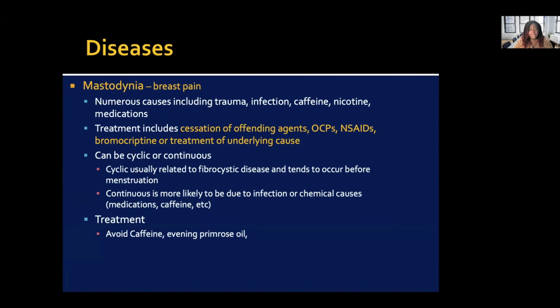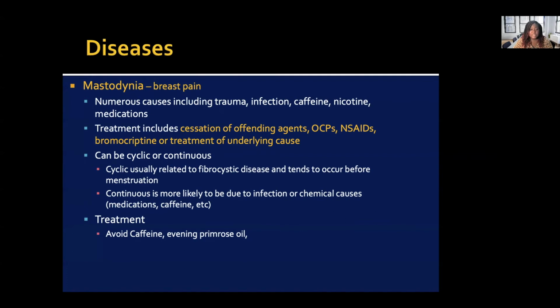Mastodynia is breast pain, and there are numerous causes of this, including trauma, infection, caffeine, nicotine, and different medications. The treatment is usually lifestyle changes, cessation of some of the offending agents like caffeine and smoking, oral contraceptives, NSAIDs, bromocriptine, or just treatment of the underlying cause. It can be cyclic or continuous.